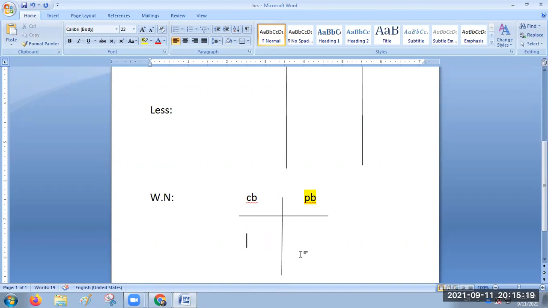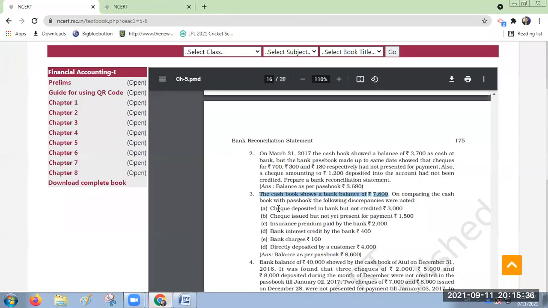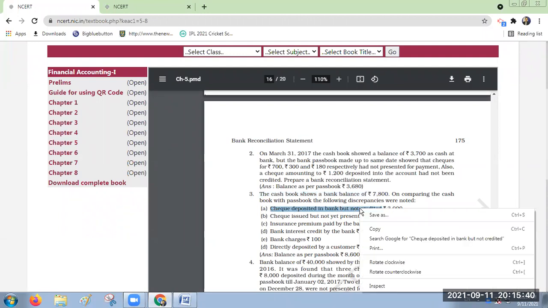So here balance will be more, whereas the amount is not credited by the banker. So here it will be minus. Did you understand? So minus is there means that amount you have to reduce, you have to deduct. What is the transaction? Check deposited in a bank but not credited.